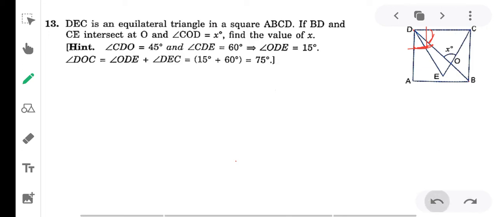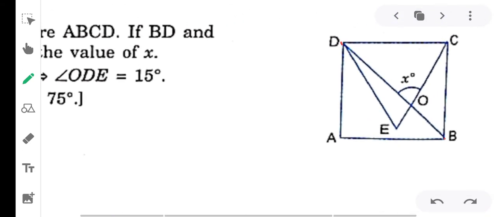Okay, so these two angles will be 45 degree. So this angle DCB equal to how much? 45 degree. Okay, and this angle is 60 degree.